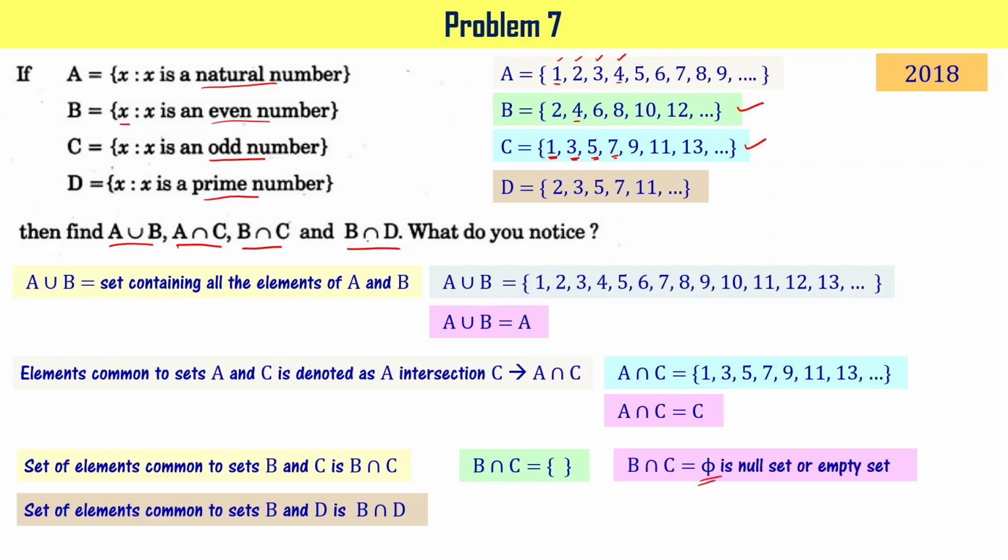As you see here, only 2 is present in both the sets. So B intersection D is going to be the set containing only the element 2. So what you must have noticed now is 2 is the only even prime number, right?